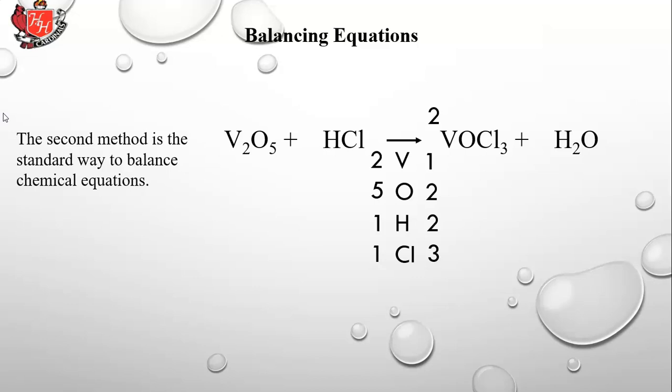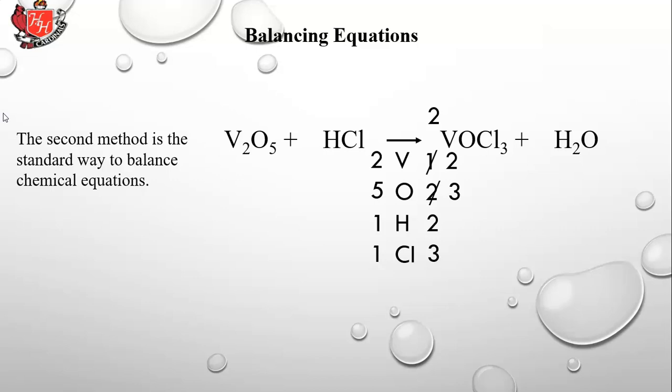So what we're going to do is just put lines through it. So for the V, we put a line through the 1 and we turn it into a 2. So now the V's are in balance. Okay, now we're not ready to deal with O yet. Remember, you stay away from that because it appears in more than one place on the right side of the equation. So stay away. You do have to change it, but we don't want to try to balance it next. But we're going to go ahead and change it.